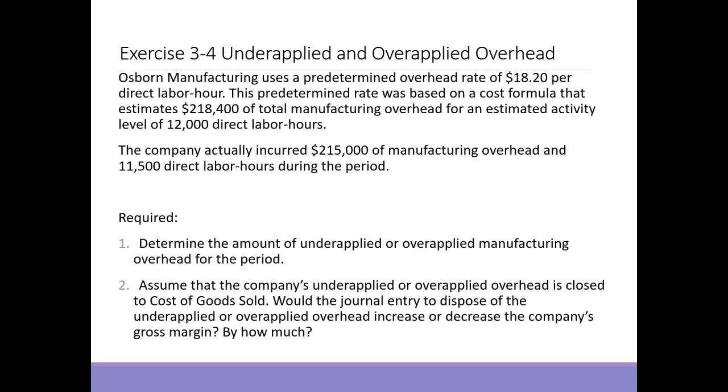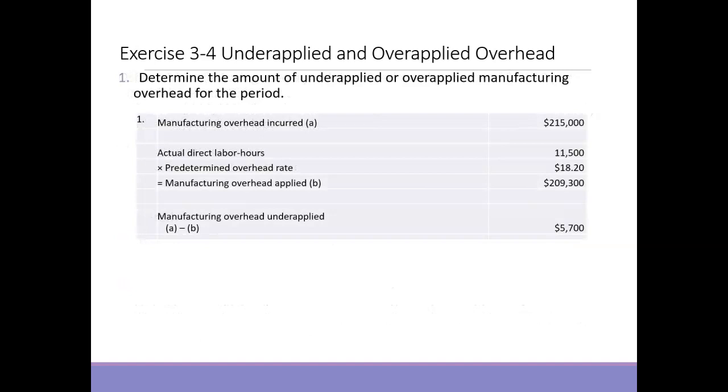11,500 direct labor hours times 18.20 is $209,300. But you see the actual overhead is greater. So in this case, we underapplied it. So we showed the cost of goods sold to be less than what it really should have been.